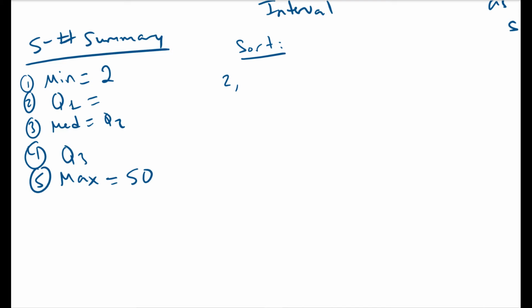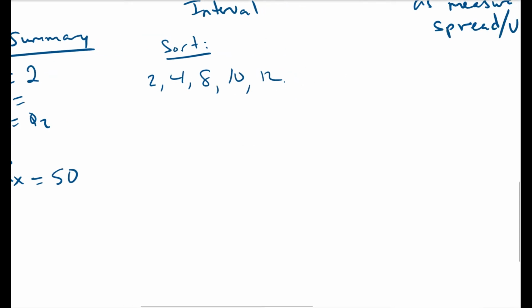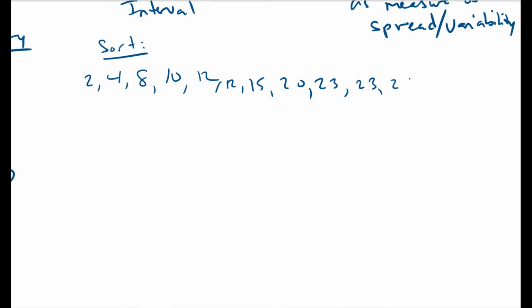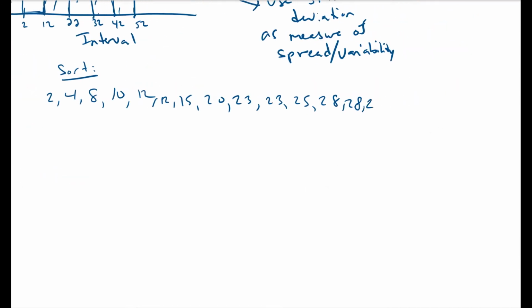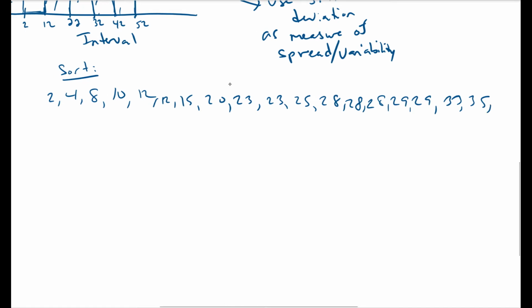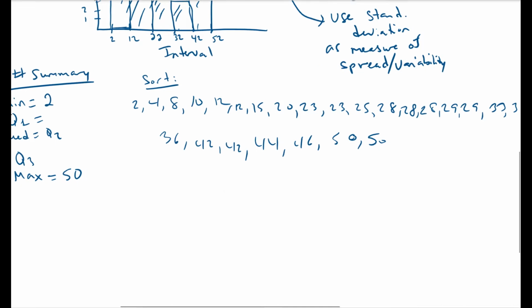So if we sort our numbers, we have 2, 4, 8 from smallest to largest. Okay, so that's our data sorted.